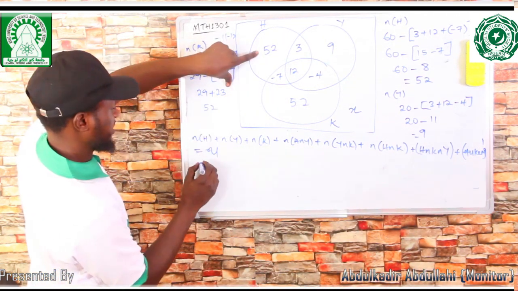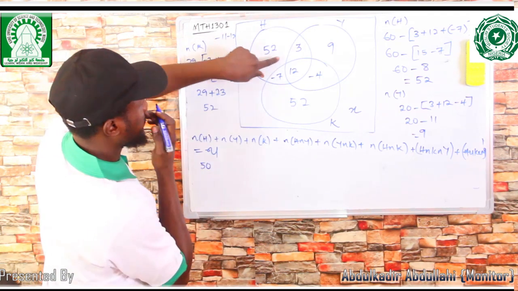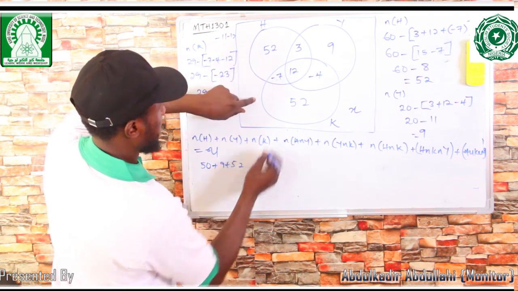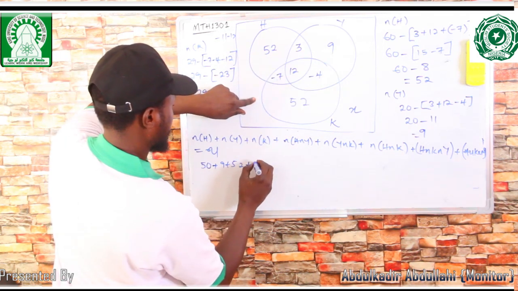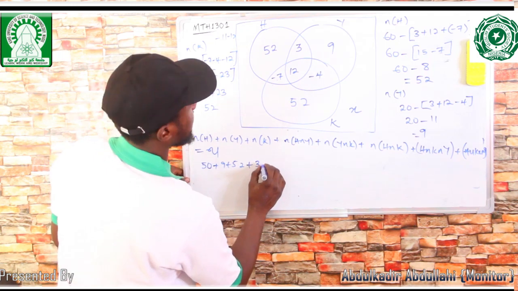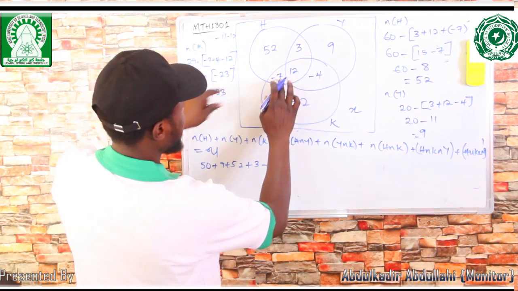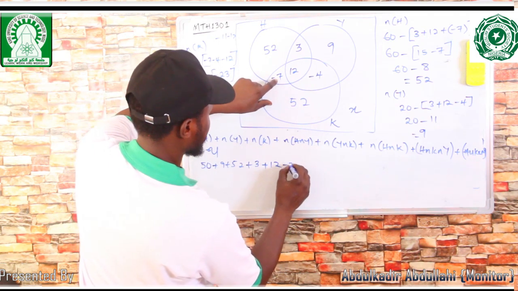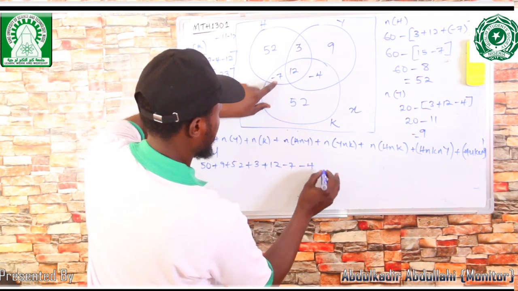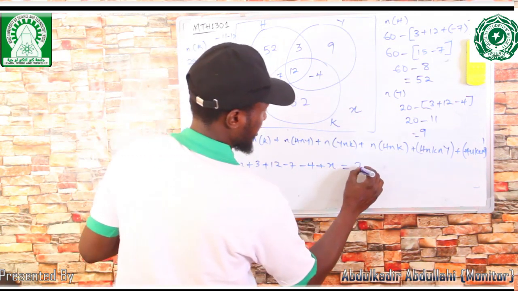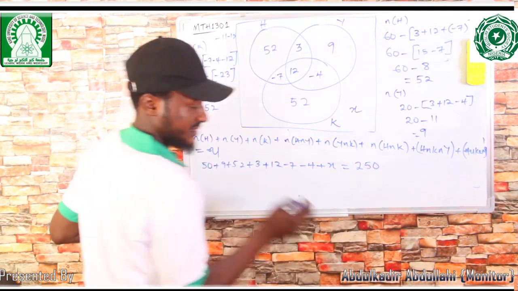Number of H here is 52. So 52 plus 9 plus 52 plus 3 plus 12 plus minus 7 is minus 7, minus 4, then plus X is equal to the universal set, which is 250.